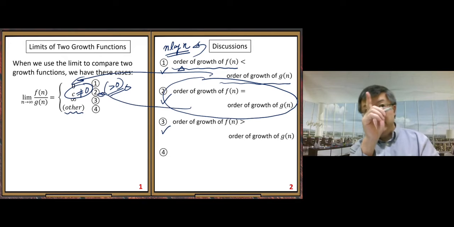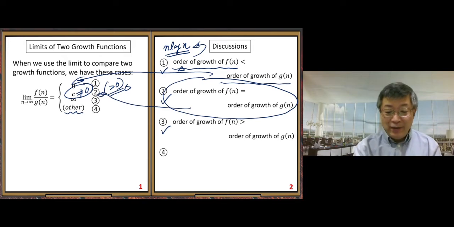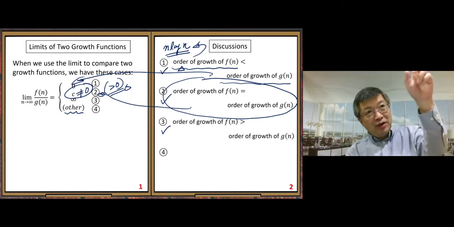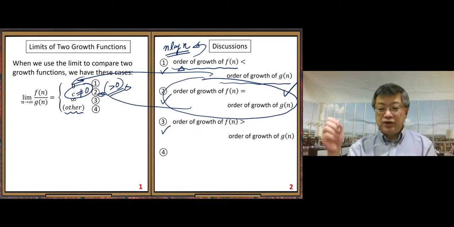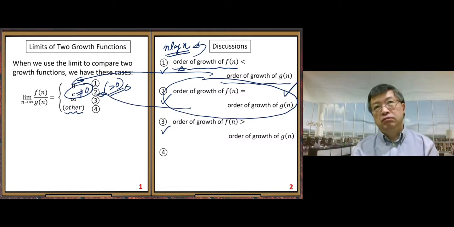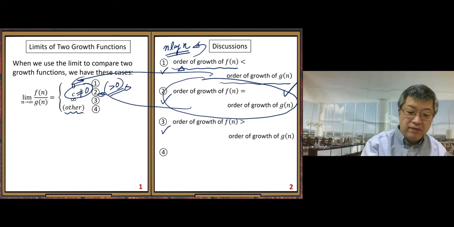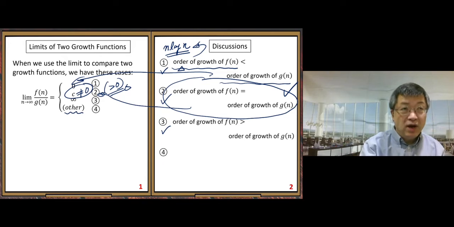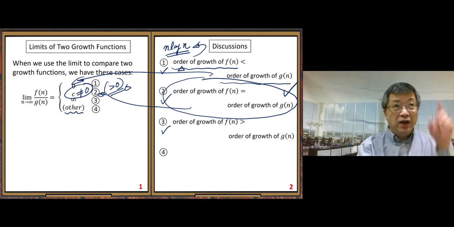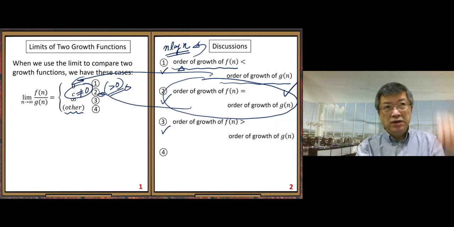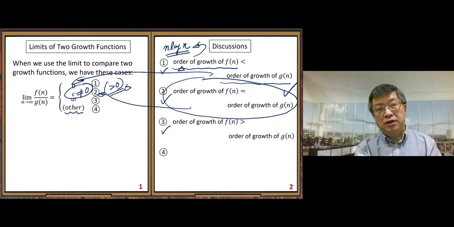Not necessarily. Be careful. If someone tells you we have the same order, it does not mean the ratio of those two functions equals a non-zero positive constant.